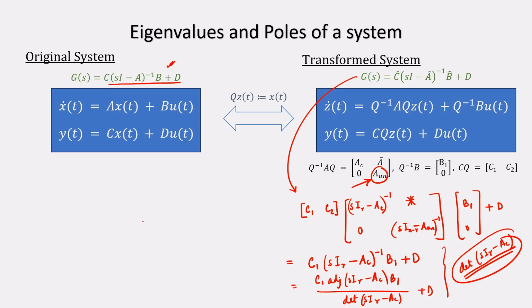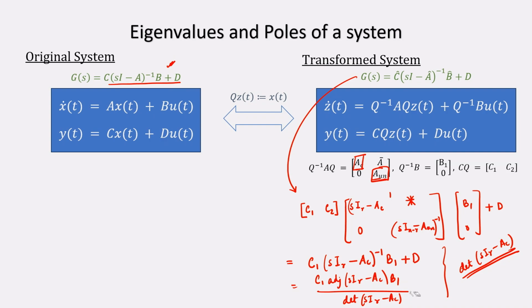So, this was the system, we had eigenvalues, these were the eigenvalues. Now, the poles of the system will never have the uncontrollable eigenvalues. Now, can I say that the poles of the system have the controllable eigenvalues only because the denominator came out to be determinant of (sI_R minus A_C)?